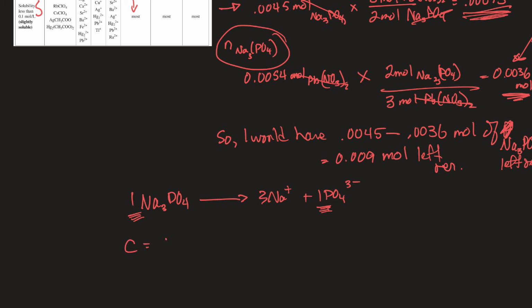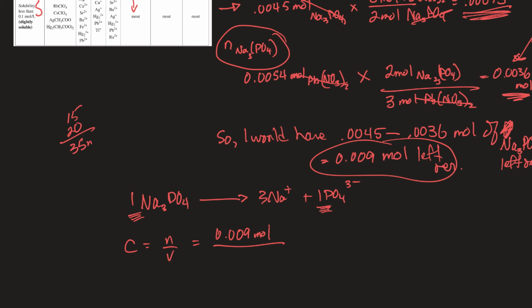So the concentration is moles divided by volume. The moles are this one, that's how many are left over. Divided by the volume, since I put both those in the tank, I've got 15 mL of one and 20 mL of the other. So it's 35 milliliters altogether in the solution. So I would divide this by 0.035 liters, and that should tell me my concentration.